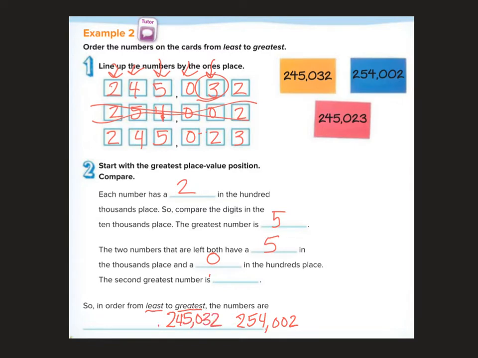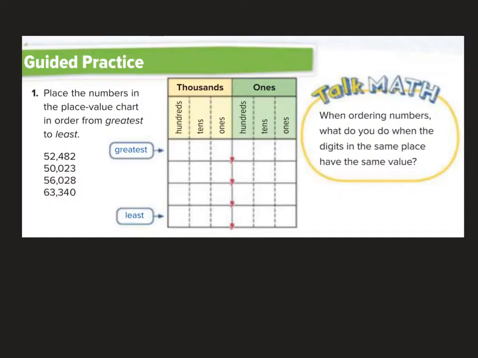And lastly, 245,023. Now, I put commas in there and I need to remind myself, don't put commas, because then it looks like this is one humongous number, right? So we need to use semicolons to show that we're separating the number. There we go. All right. We ordered them from least to greatest.